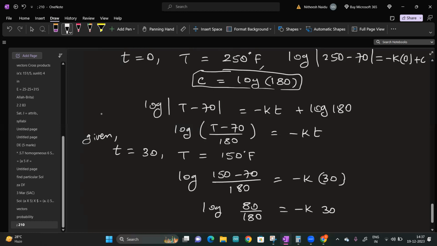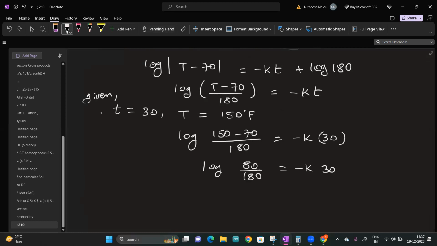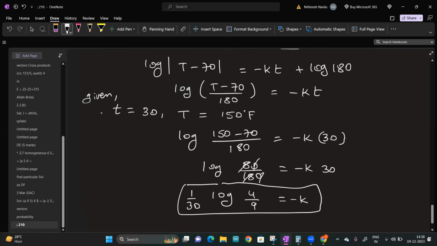Don't say this 30 is going to cancel with 80. It is a logarithm value, don't cancel like that. You can cancel the 0s and 8 and 4 in this part. It becomes 4 by 9, so log of 4 by 9 equals minus 30k. So we have the k value also.